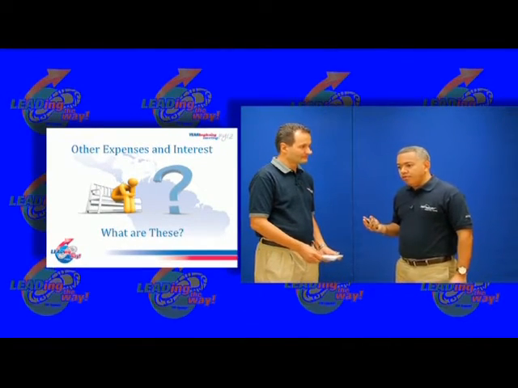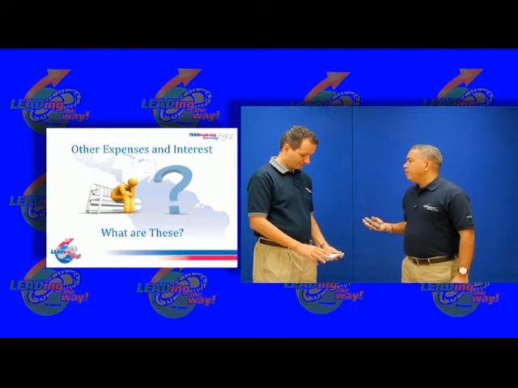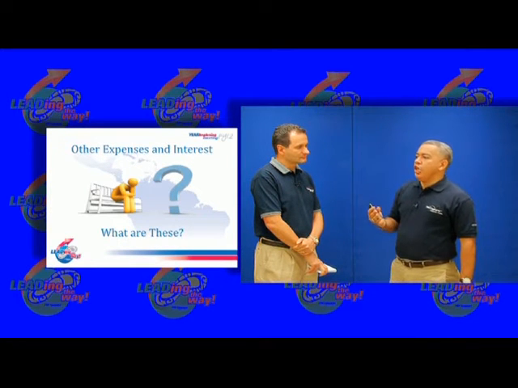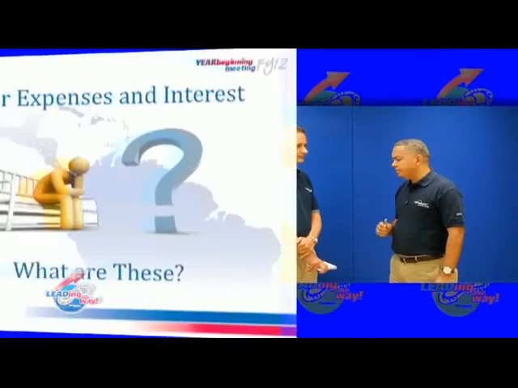When we talk about other controllable, we specifically talk about central overhead, which includes all the support departments to our operation: accounting people, buying group, marketing, human resource people. All these people represent that central overhead expense.